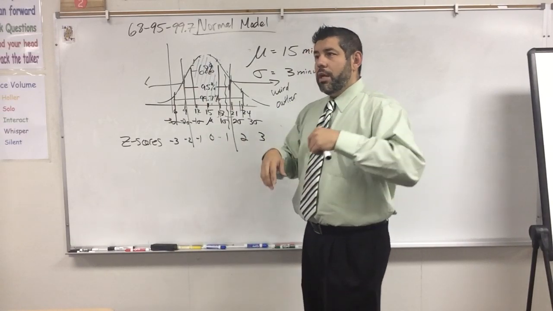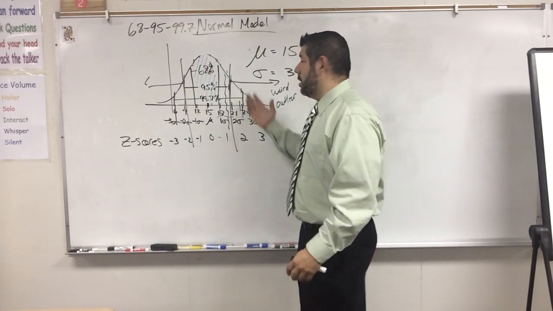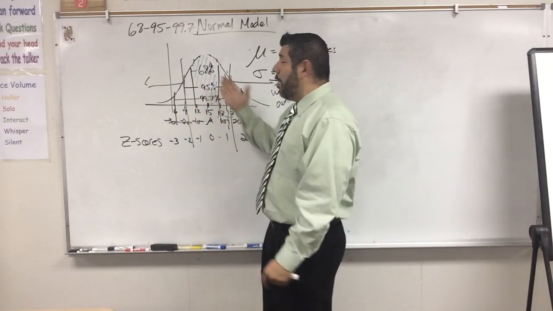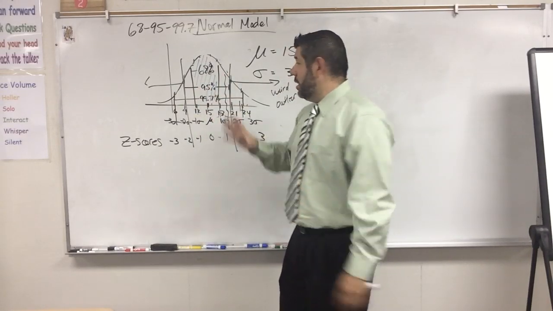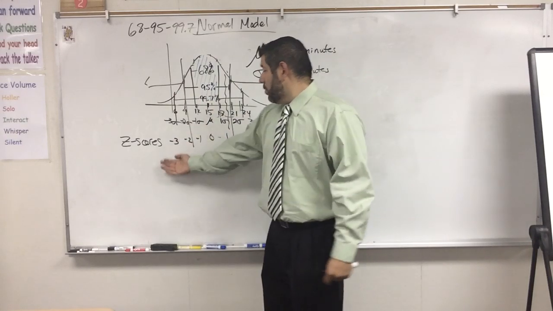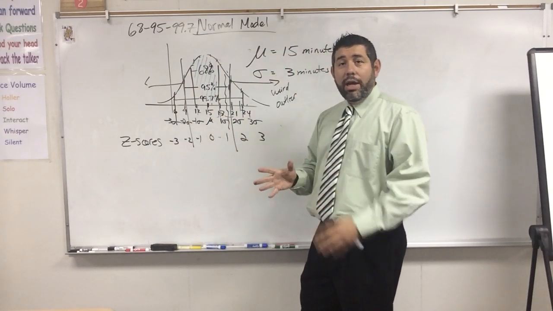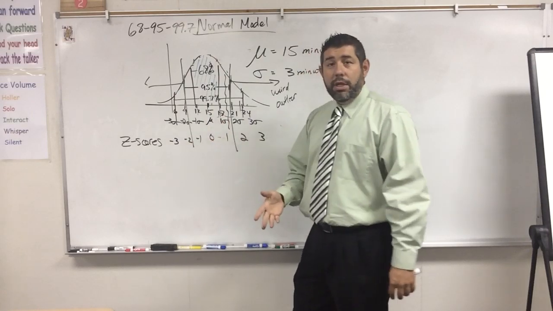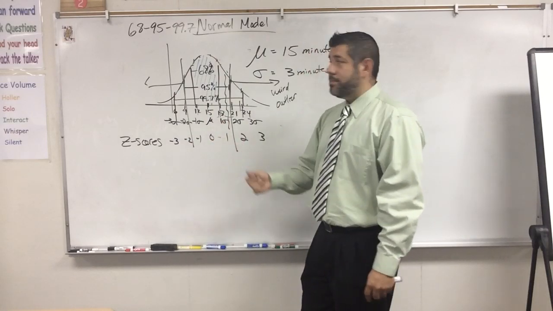Okay, so to sum up everything, you're looking at a normal model, which tells us how much of the population is within a certain number of standard deviations of the mean. Z-scores tell us how far away we are from the mean in a standardized way.